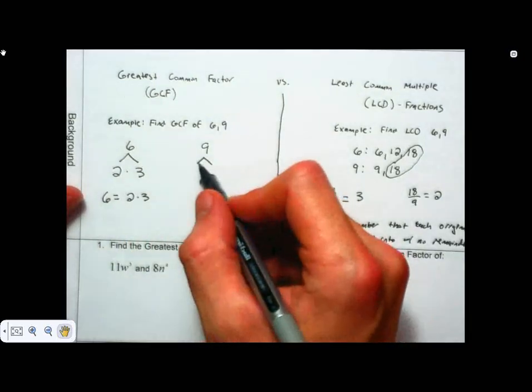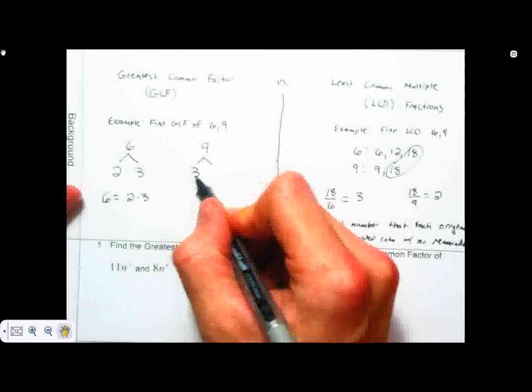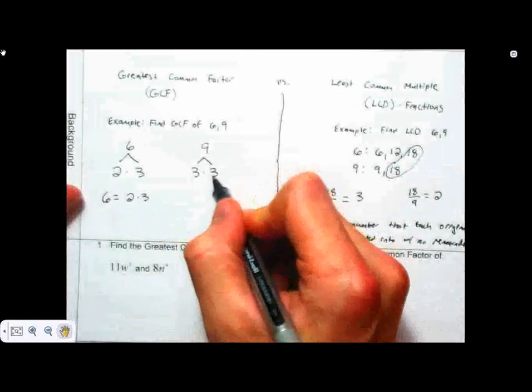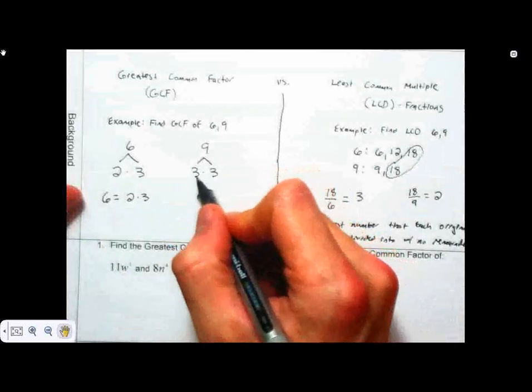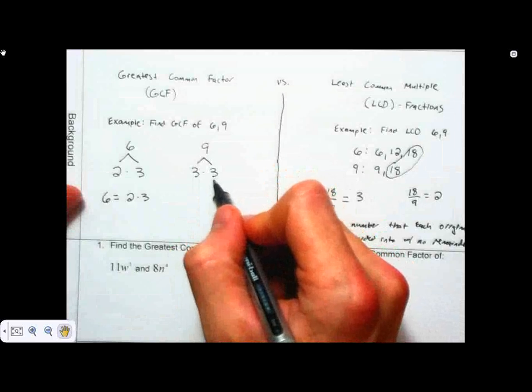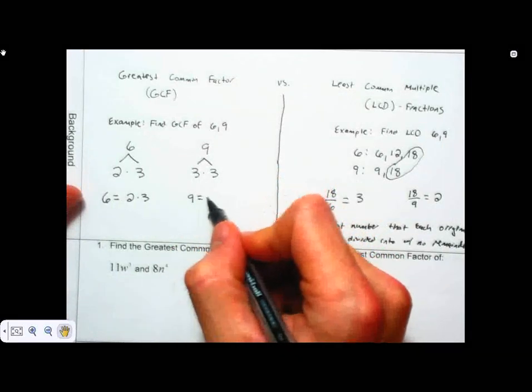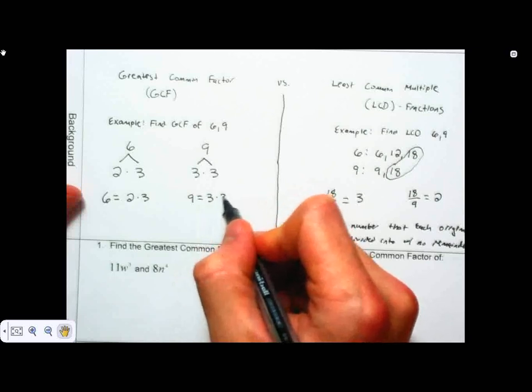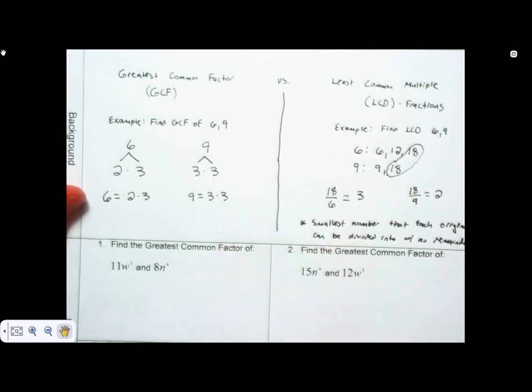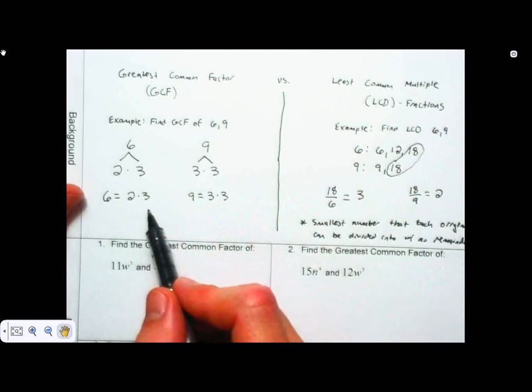Okay, if I do 9, well, 9 is broken down into 3 times 3. And again, I can't break either one of these numbers down further without using a 1, which we don't want to use in a factor tree. And so what I'm left with is 9 equals 3 times 3. And so now what I'm looking for is the greatest common factor.